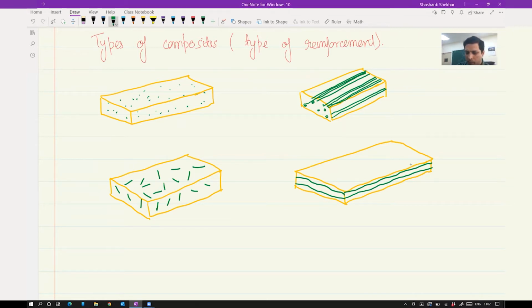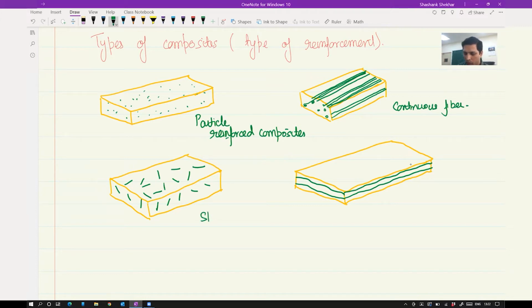So this one would be named as particle reinforced composites. This would be continuous fiber composites.